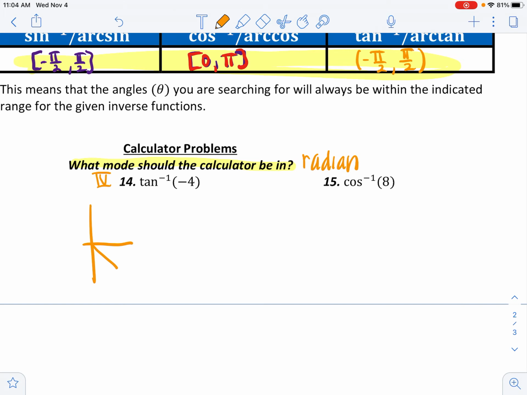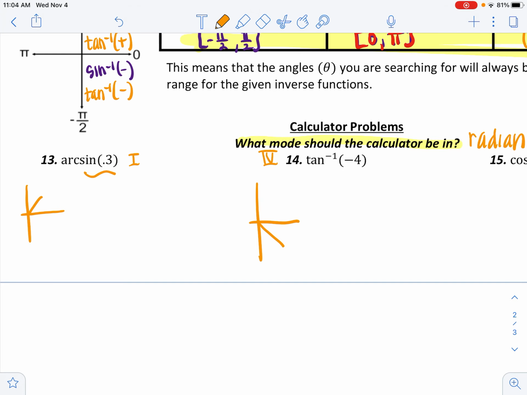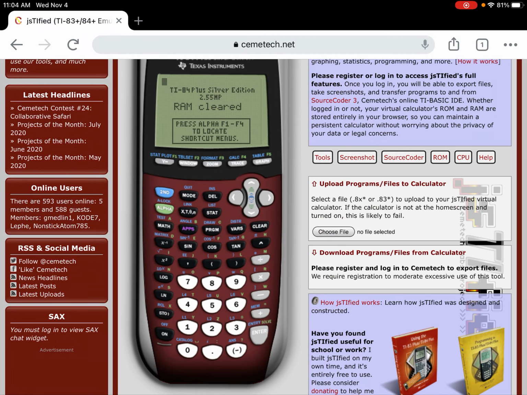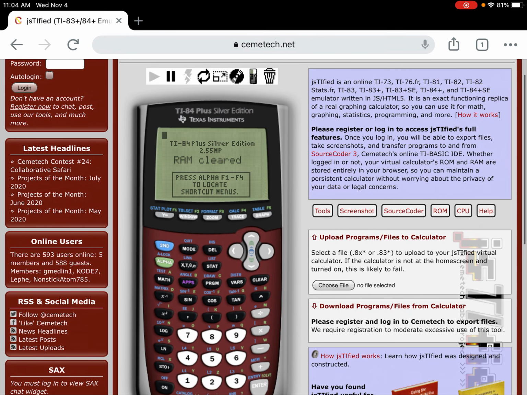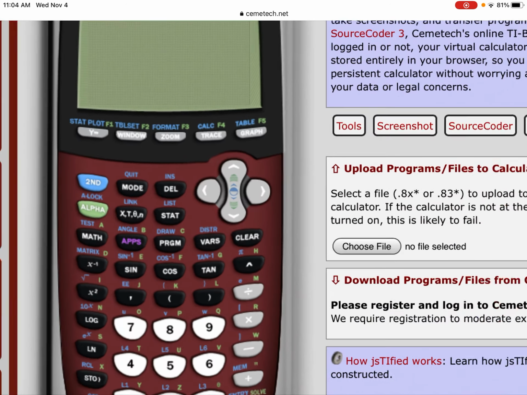Remember, our answers are in radians, so we're going to be in radian mode. If your calculator is not in radian mode, you have to move it to radian mode. Let's check out my mode. I'm going to hit the mode button right there, and if you look down, I am in radian mode. If you're in degree mode, all you have to do is highlight over to radian, hit enter, and then you can quit out of that screen by hitting second mode again, which is quit.